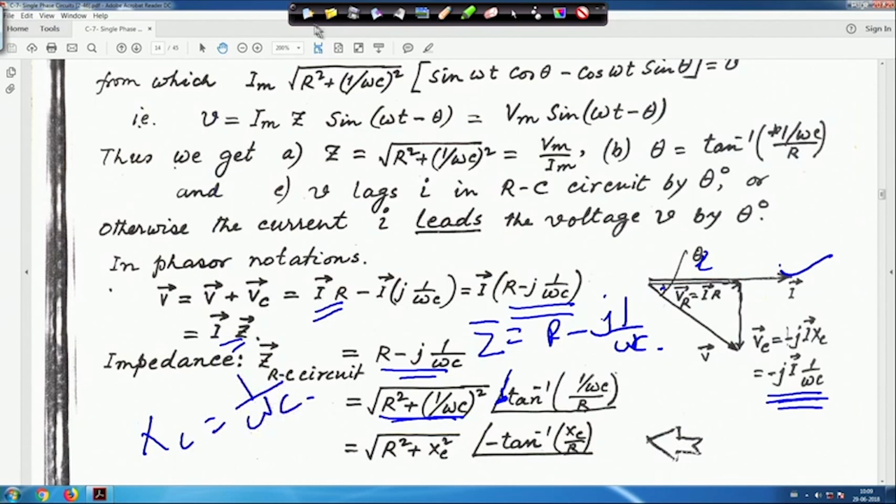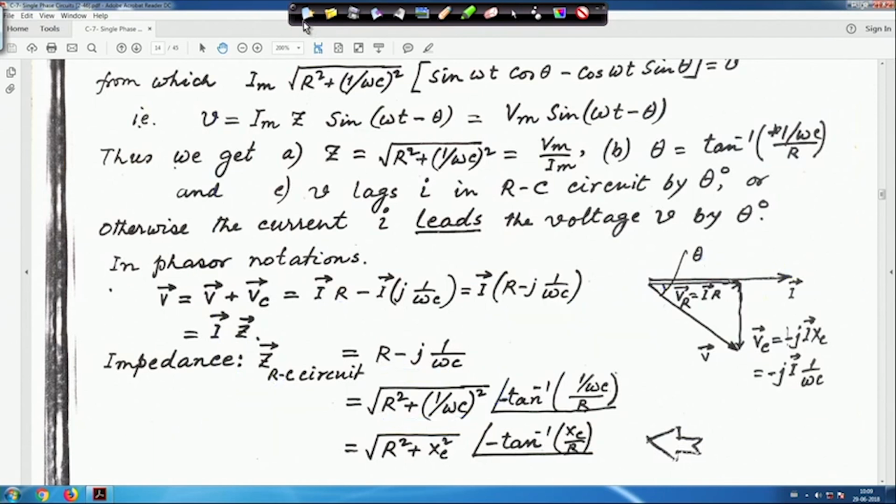That means, for the series RC circuit, Z is equal to R minus j 1 upon omega c. Generally, sometimes we write R plus jXc; in that case you would have to take the Xc value as negative, but we do not do that.